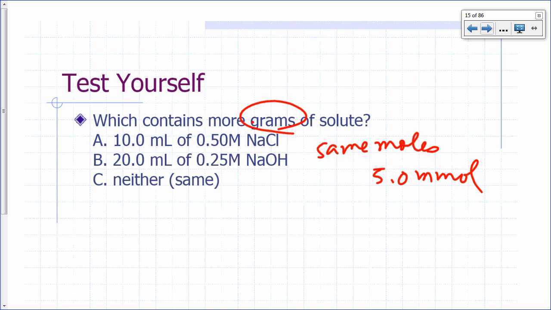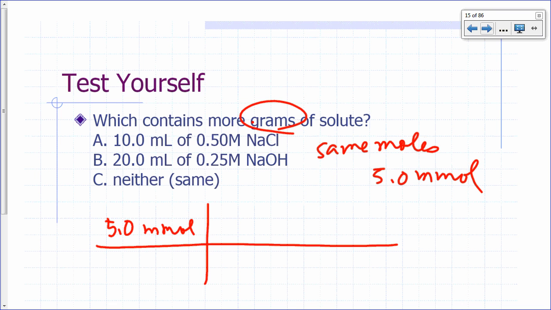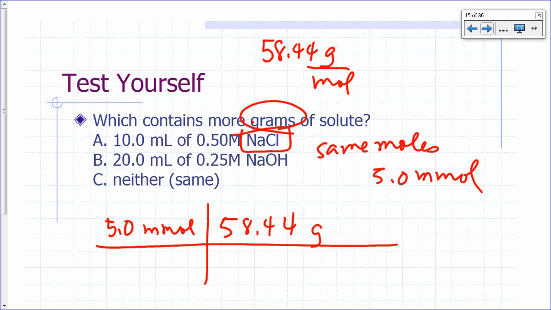Then you'll have to convert your millimoles to grams. So I'm going to say 5.0 millimole times, what's the molar mass of sodium chloride? We did this earlier. The molar mass of sodium chloride is 58.44 grams per mole, right? So multiply by 58.44 grams per mole.